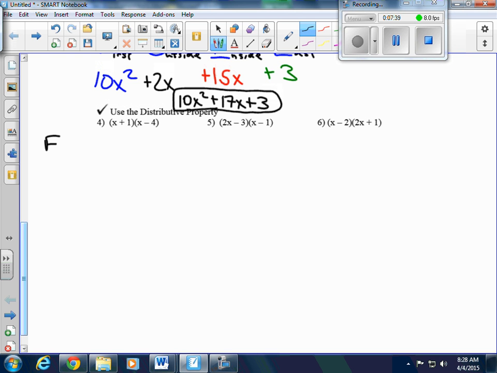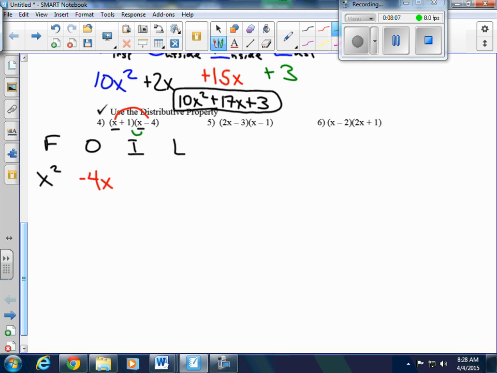So let's go FOIL. So the first terms. What are the first terms? Okay, it's going to be x squared. Outsides. Where are the two outside terms? Right there. So that's going to be negative 4x. The inside terms.